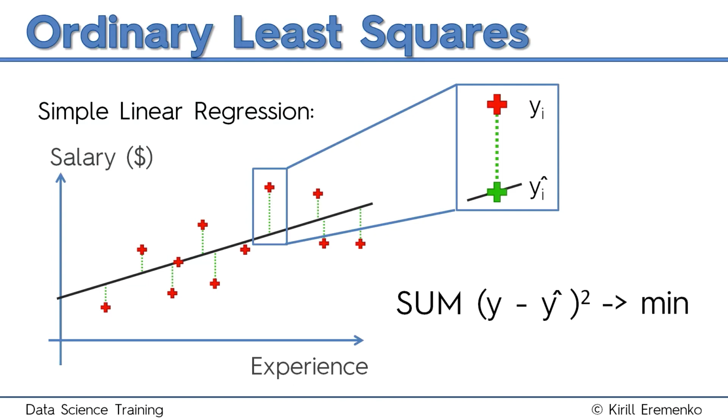So basically, what a simple linear regression does, in a simplistic way of imagining it, is draw all possible trend lines through your data and calculate the sum of those squares every single time, recording it somewhere in a temporary file or something like that. And then it finds the minimum one. It looks for the minimum sum of squares. It finds the line which has the smallest sum of squares possible, and that line will be the best fitting line. And that is called the ordinary least squares method.